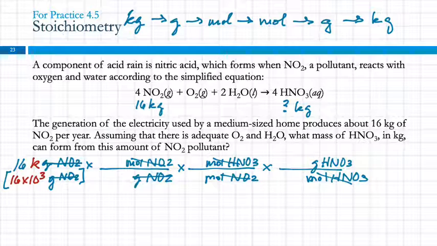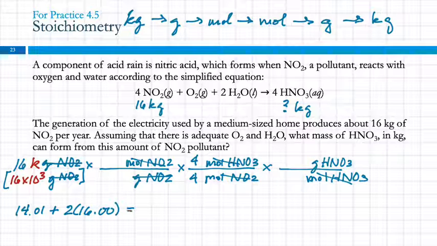So my mole ratio in the middle, what do I write in front of HNO3? 4. And what do I write in front of moles of NO2? Also 4. They're both 4. I need the molar mass of NO2, mass of nitrogen, 2 times the mass of oxygen, is 46.01.